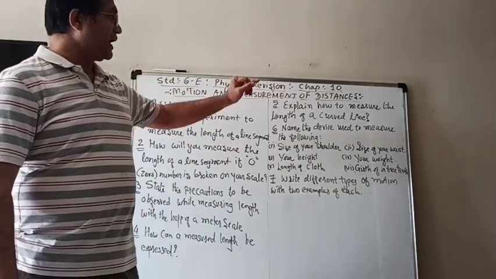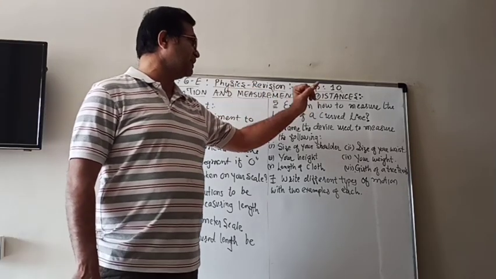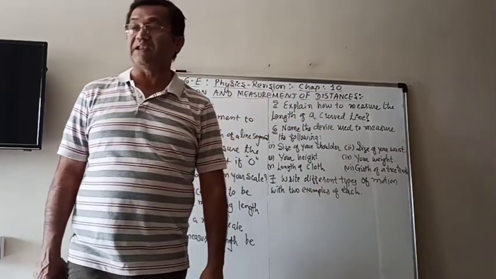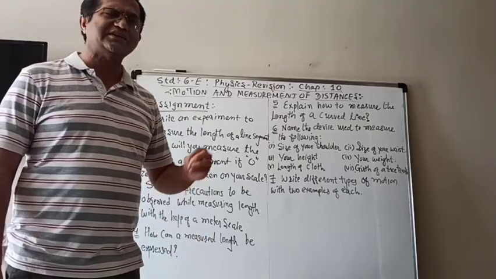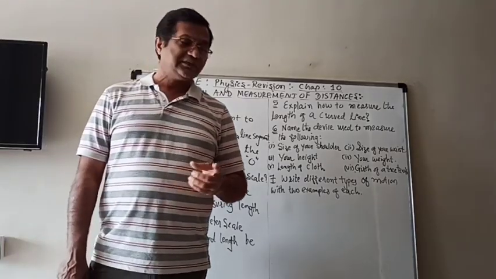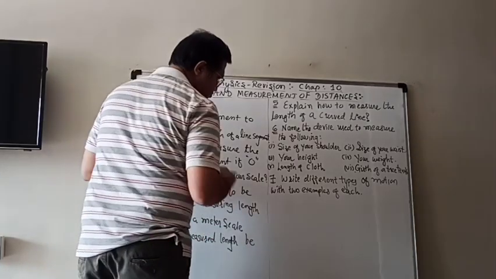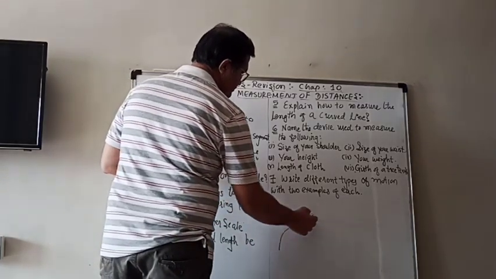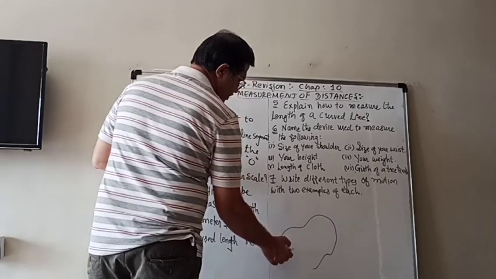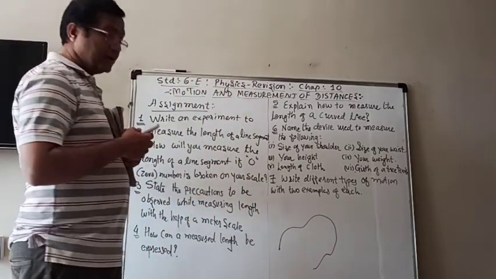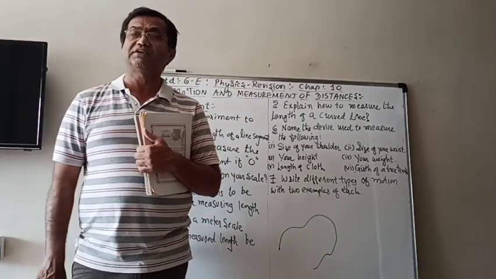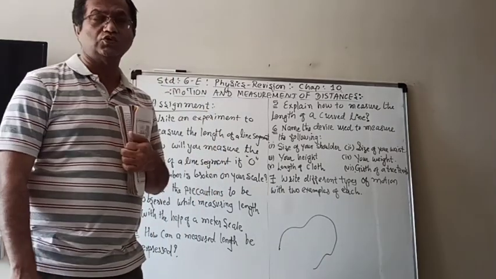Second thing now, explain how to measure the length of a curved line. We already discussed that also. If there is a curved line like this, not a straight line, then we cannot use the meter scale for it. Then what do we have to do?